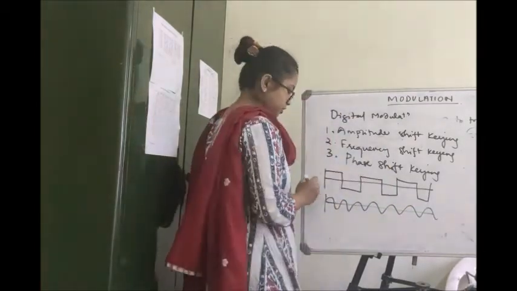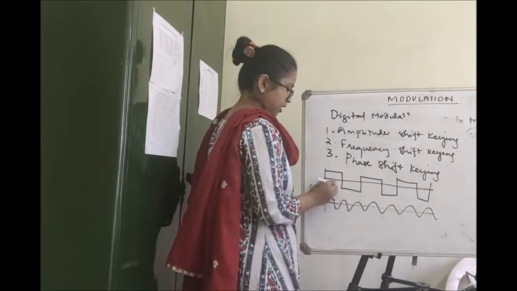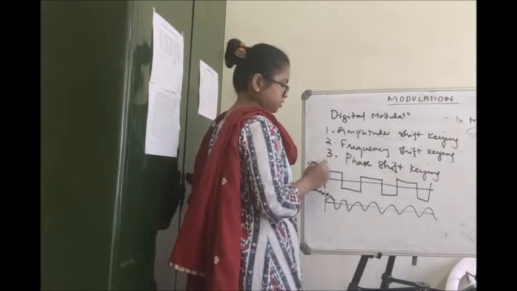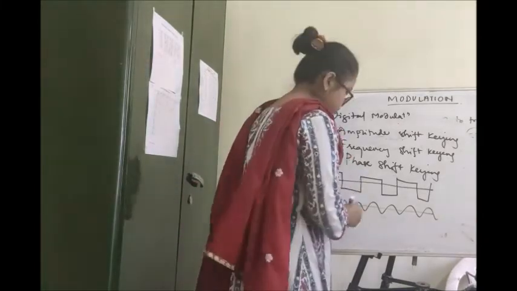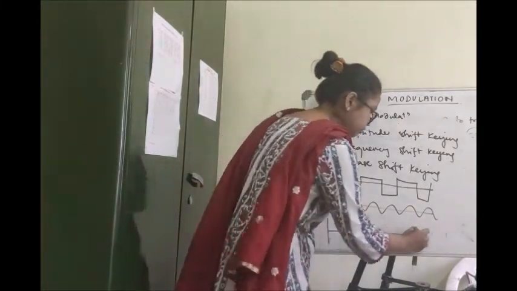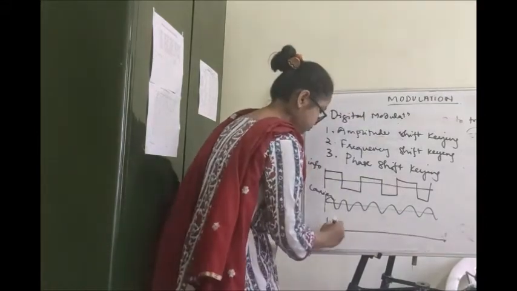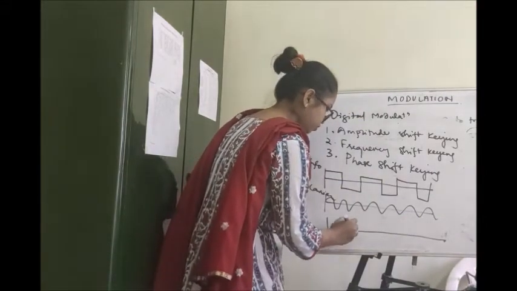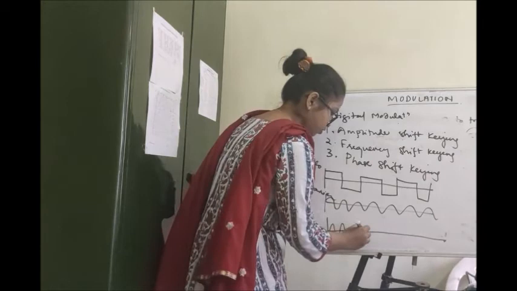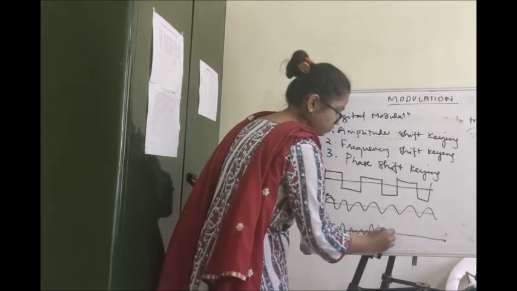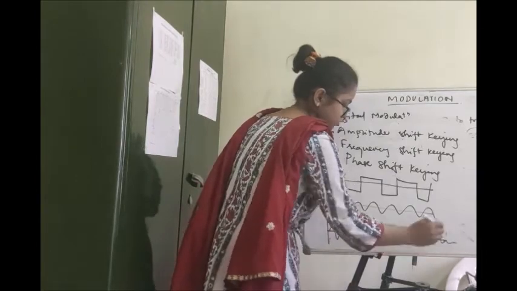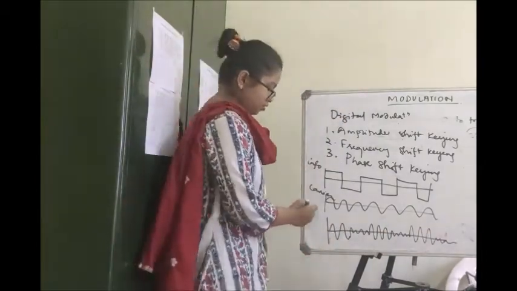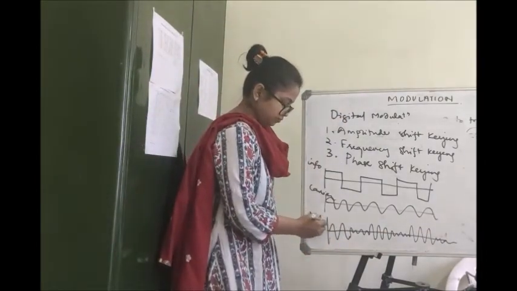So this is the carrier signal and this is the information signal, because we are performing modulation on digital signal. So the modulated signal will look like this. When there is 0 it will drop, when there is 1 it will again go up, when there is 0 it will drop, when there is 1, when there is 0. So this is what the modulated signal looks like.